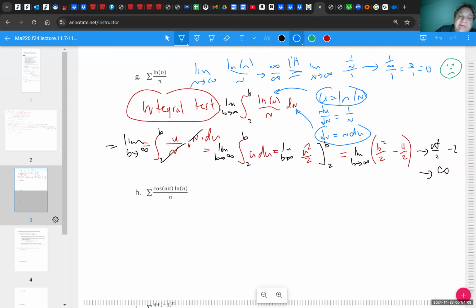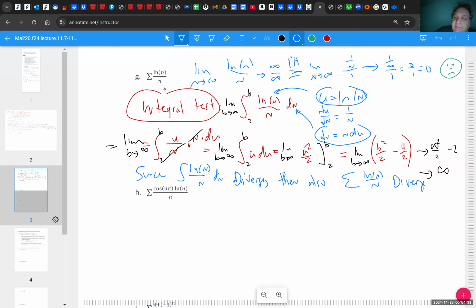So we say that since the integral diverges, then also the series diverges, and that's by the integral test. So there's an example of using the integral test, if you can recognize it can be antidifferentiated.